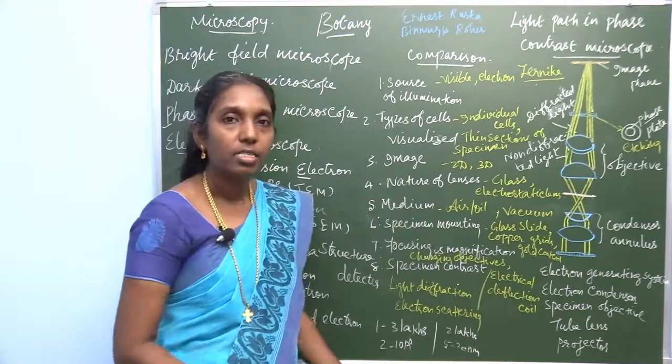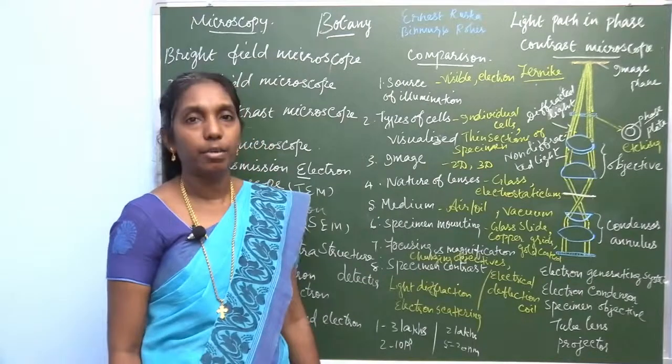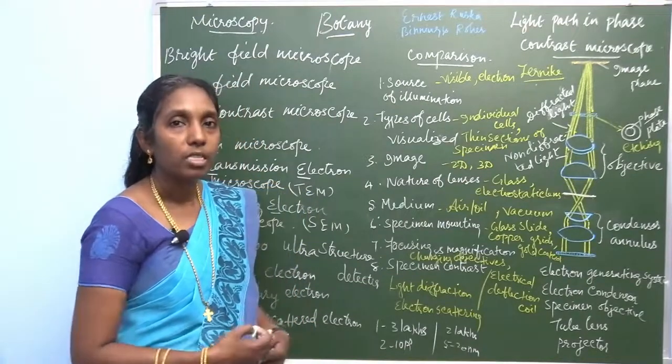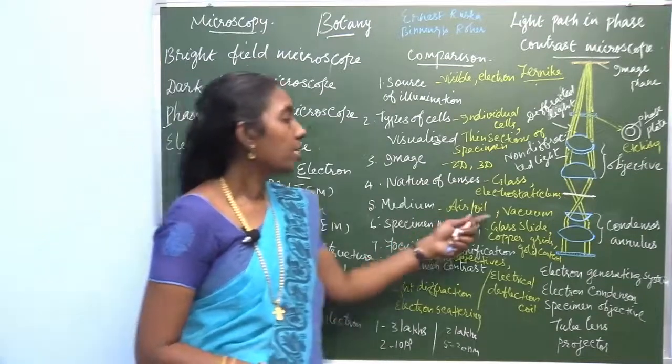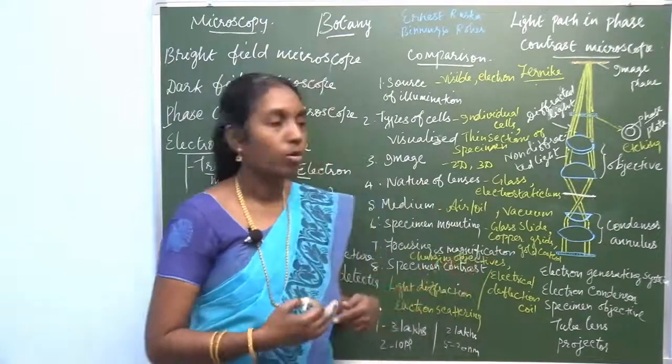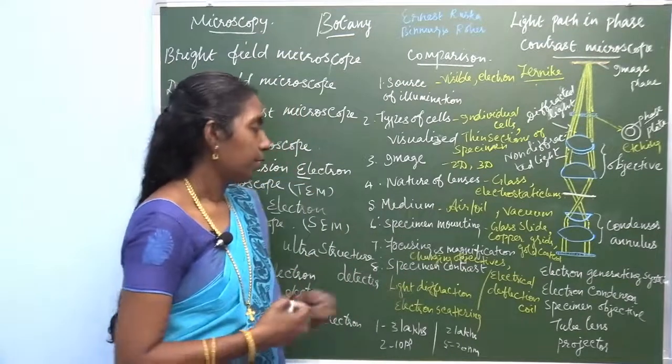Ordinary glass lenses are used in the other microscopes. Then the medium. The medium for the normal microscope is air or oil, but in the electron microscope, the medium is vacuum.